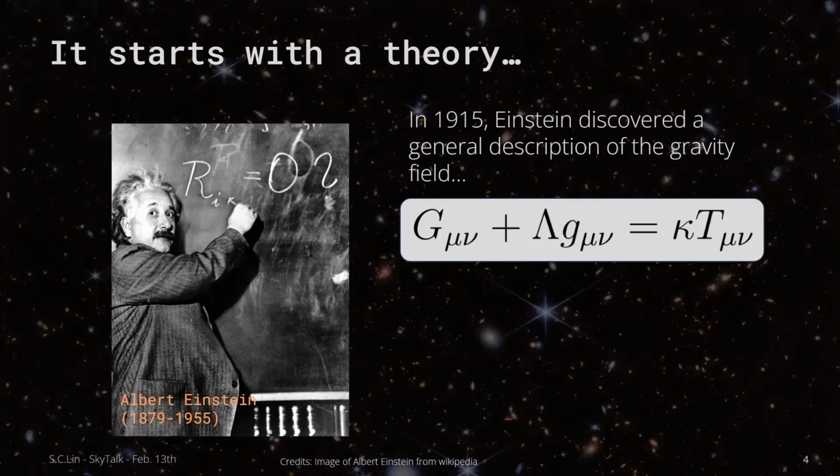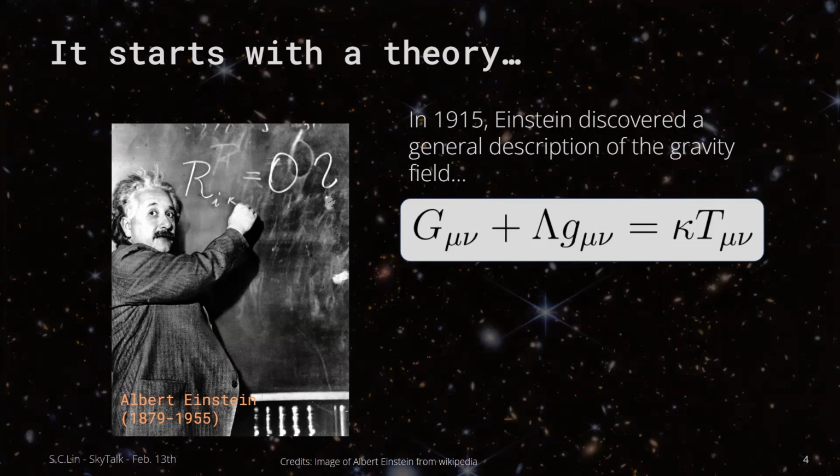In 1915, Einstein came up with an equation that can describe the gravitational field in a more general way. It generalized gravitational theories into something that can describe space-time together, which Newtonian physics cannot.